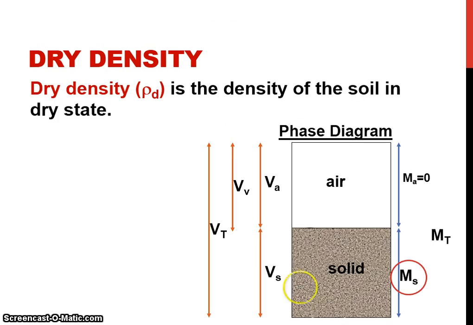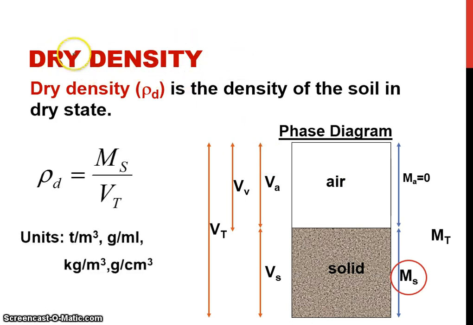Okay, so the next one I would like to introduce is the density in the dry state of soil. So easily, we don't have any mass of air, so that's why ms ratio to Vt, volume of total. So this is the density state. Let's see how to derive the unit weight of dry.